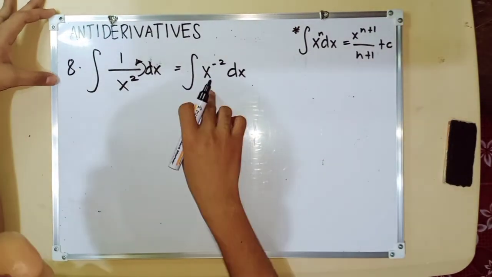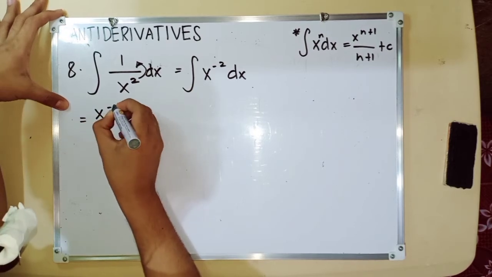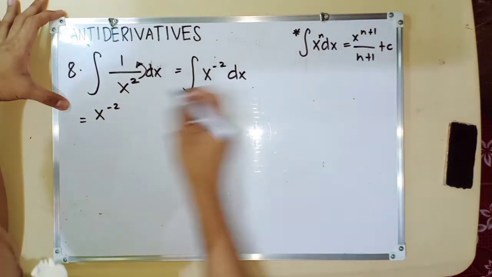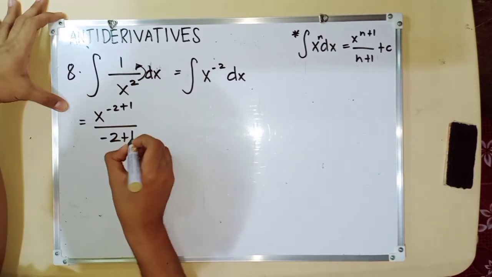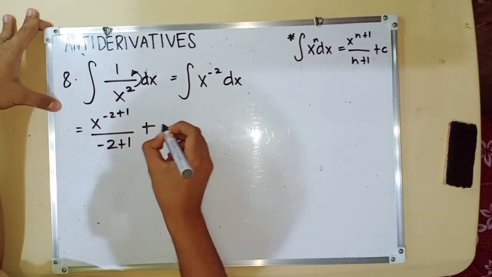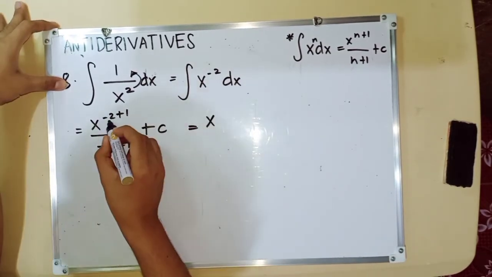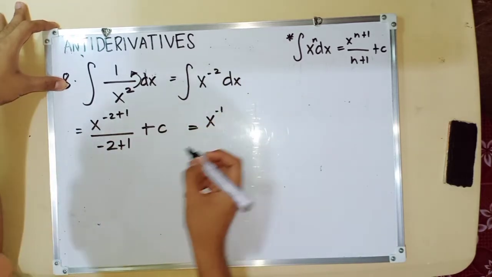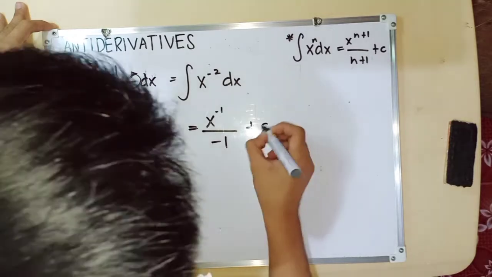Then, i-apply lang natin yung power rule for antiderivative. x raised to the power of negative 2 plus 1 over negative 2 plus 1. At huwag natin kakalimutan ang constant of integration. So, i-simplify lang natin. Negative 2 plus 1 is negative 1. Then, negative 2 plus 1, negative 1 plus c.